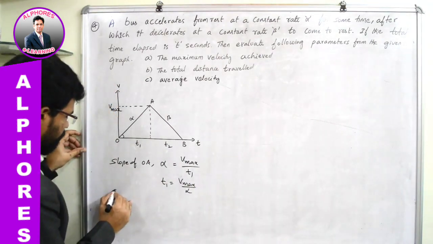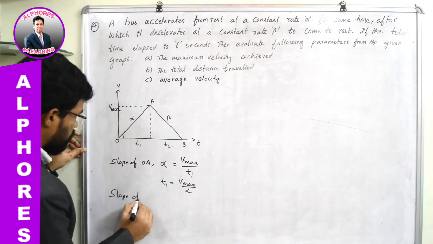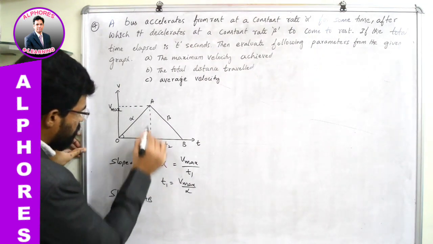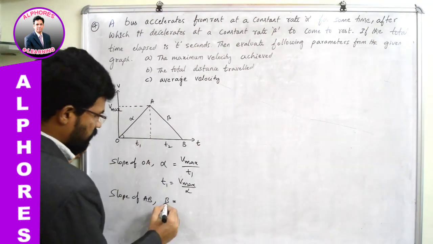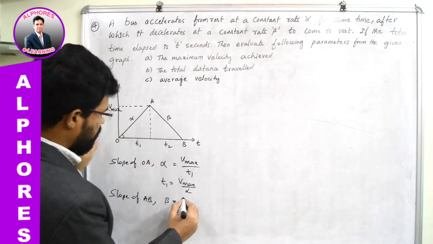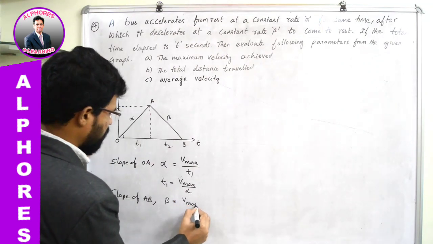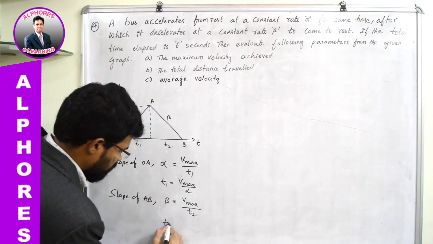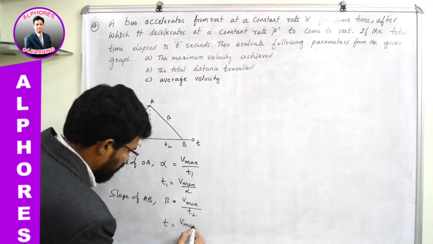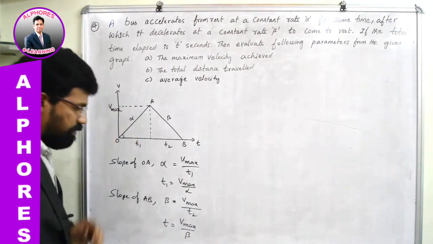Now similarly, the slope of AB gives us beta. And this is also opposite side, V maximum, by the time, T2. So from here, T2 can be written as V maximum by beta, isn't it?